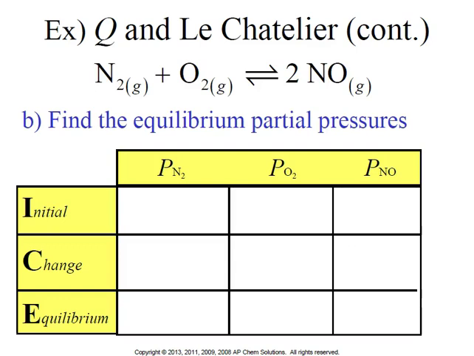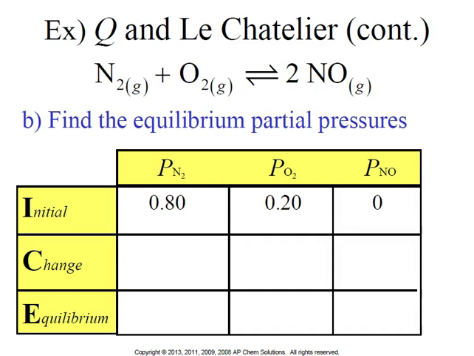The next question is to find the equilibrium partial pressures at that temperature of 25 degrees Celsius. So we always need a RICE or ICE table, and we figured out our nitrogen, oxygen, and NO initial values, so we'll plug those in on the I line. Then we'll go with our change line.